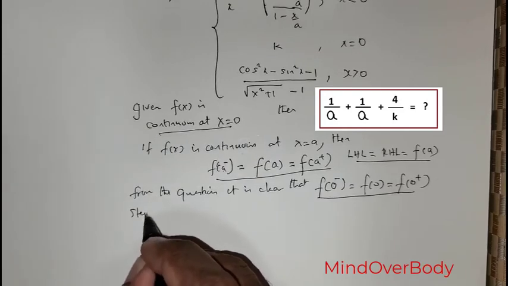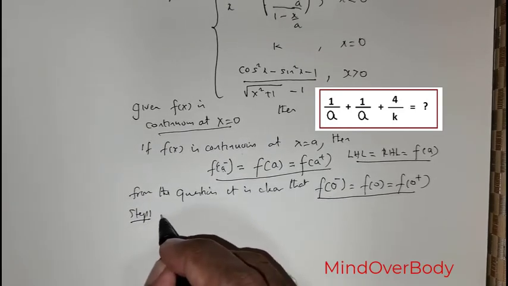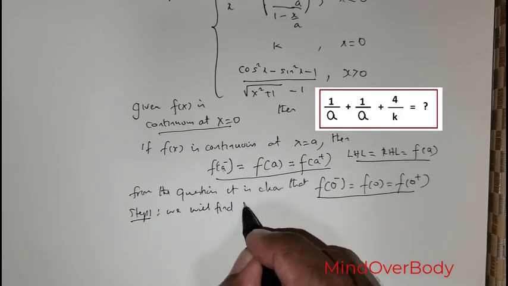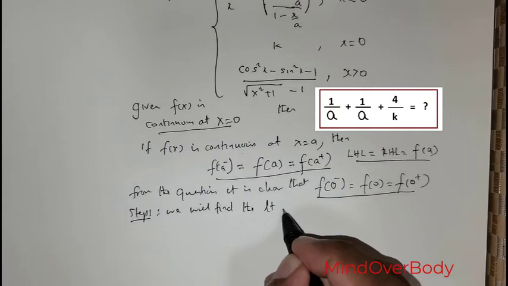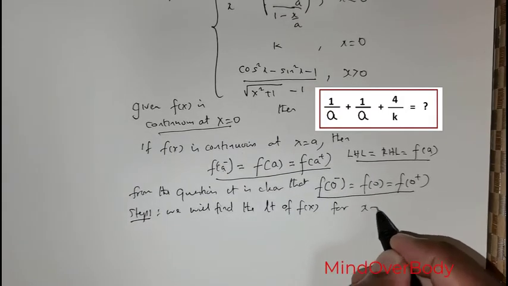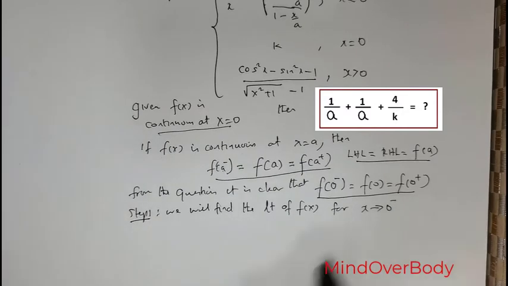Since this is true, what is step 1? We will find the limit of the function for x tending to 0 minus.